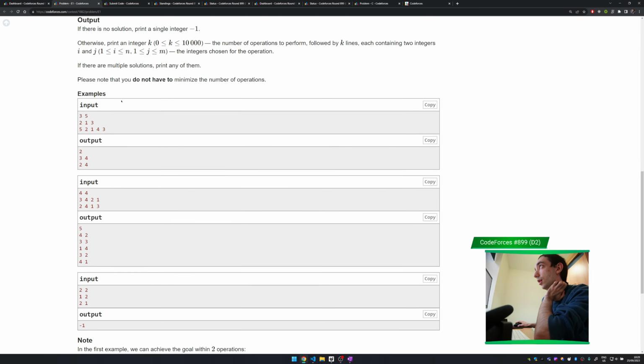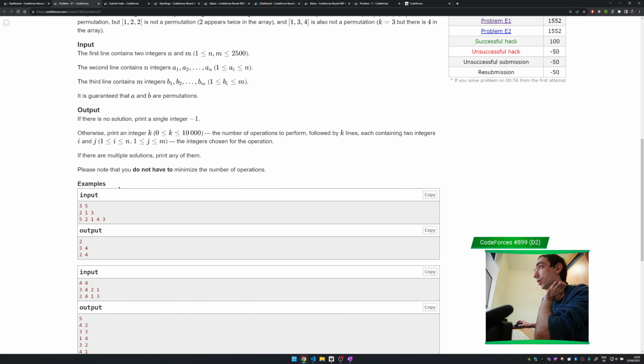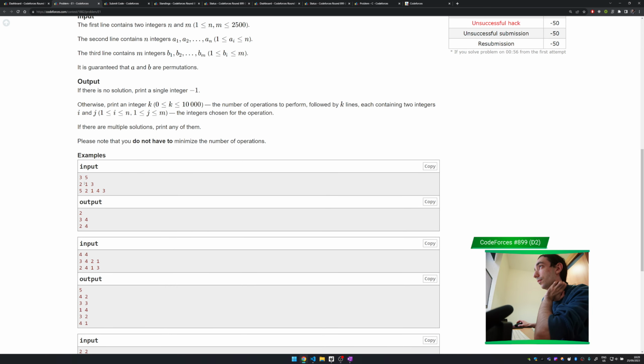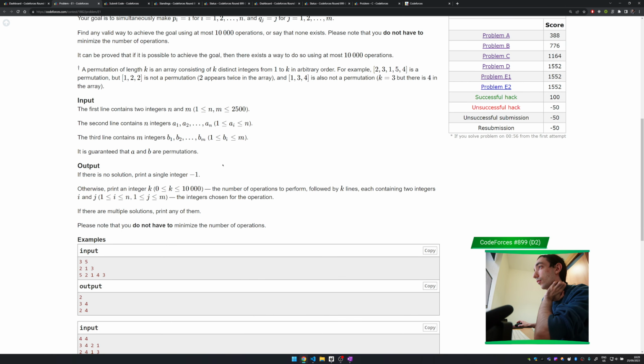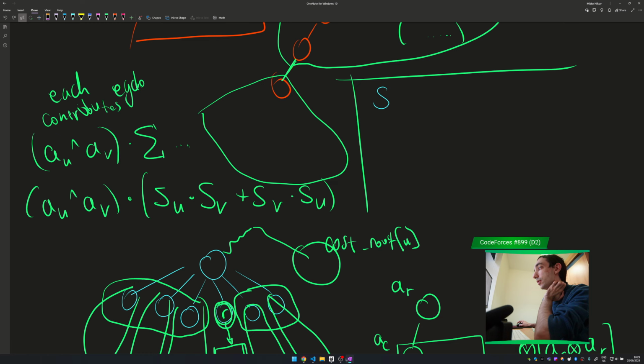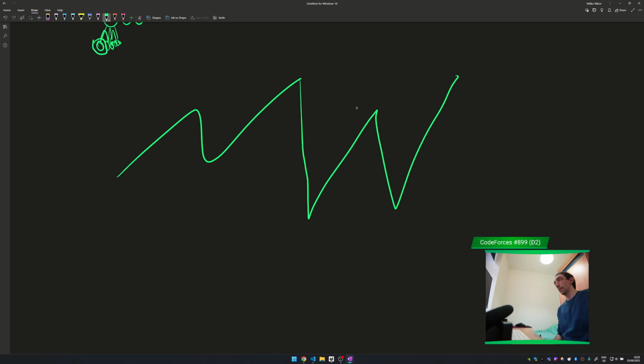So each permutation can be broken down into increasing runs, and then we have some other increasing runs.